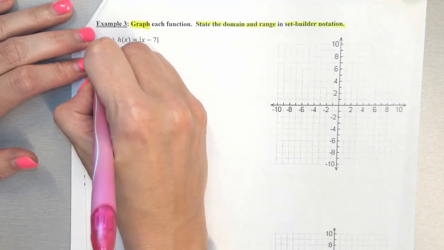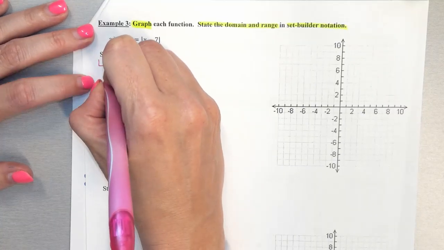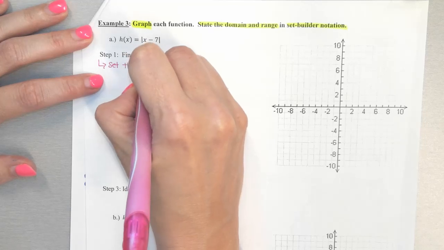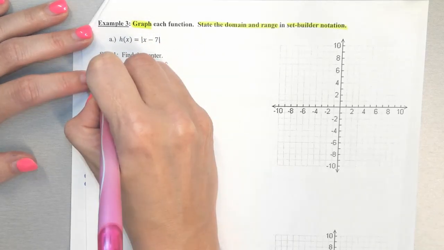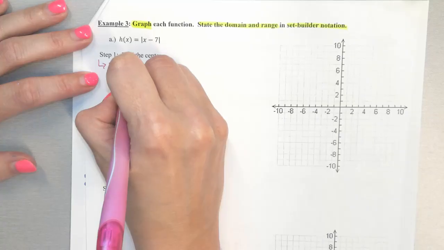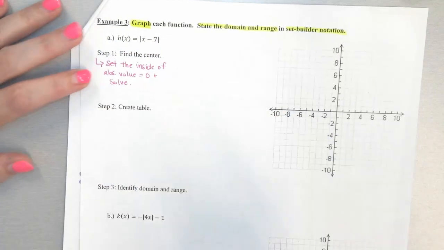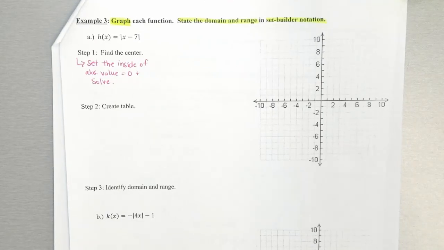So to find the center, you always set the inside of the absolute value equal to 0 and solve, which is going to be fairly simple for this first one that we're doing.